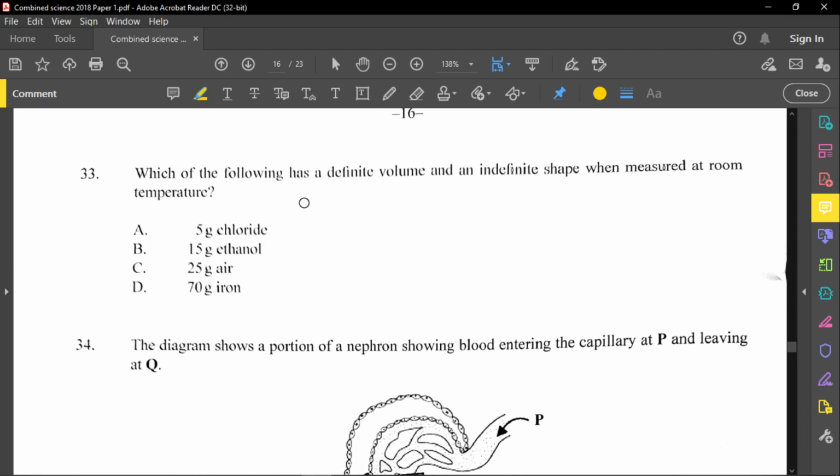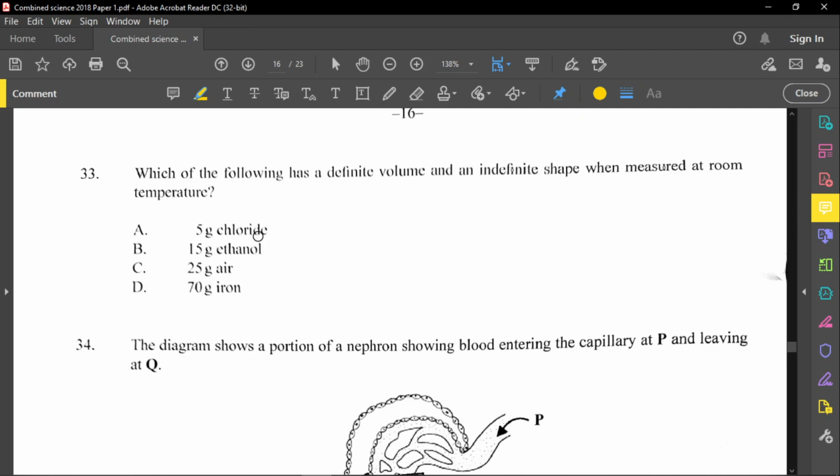First and foremost, what you need to understand in terms of definite volume is that gases do not have a definite volume, because they will definitely take up the space available to them. A liquid will have a definite volume, but the shape of it is based upon the container.